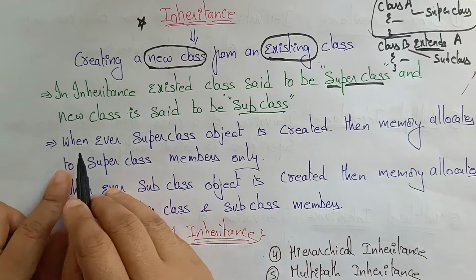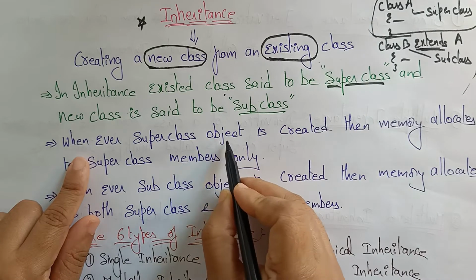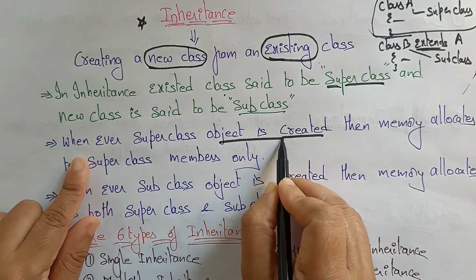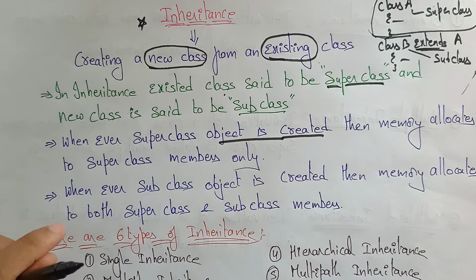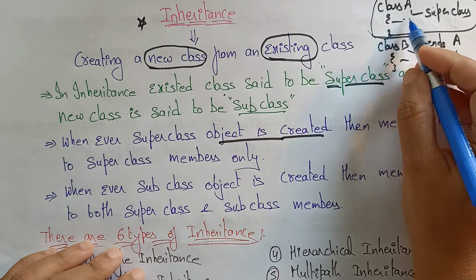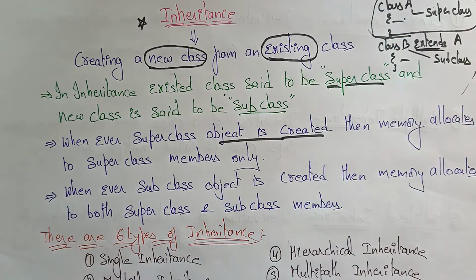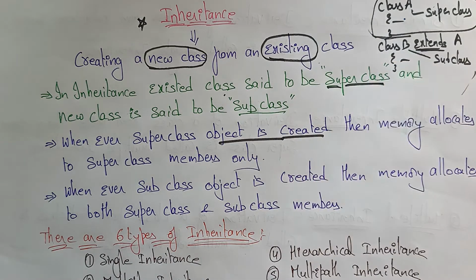Try to understand it. The superclass is the top class. When a superclass object is created, memory is allocated to the superclass members only. It won't be allocated to the subclass.